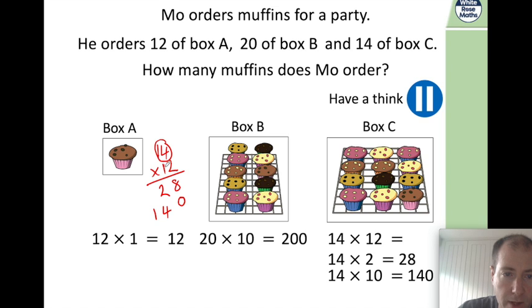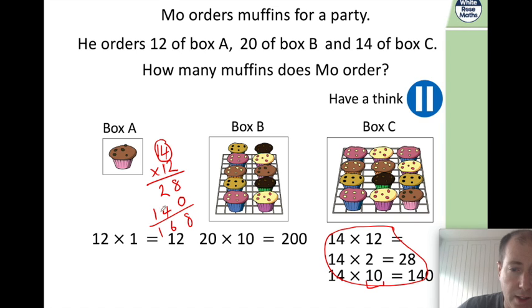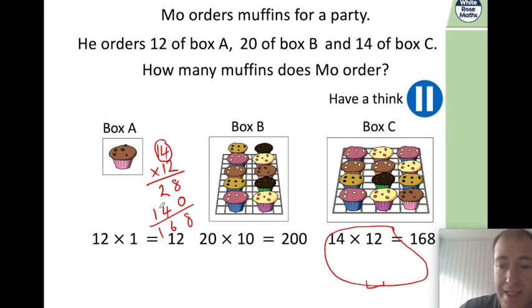So that 1 there is a 10, which is the same as this one down here. I know this can be slightly confusing, but if you feel that this doesn't make a huge amount of sense, then I would say just think about it in terms of its traditional form, and then by adding them up, you will find that you would get the answer of 168.